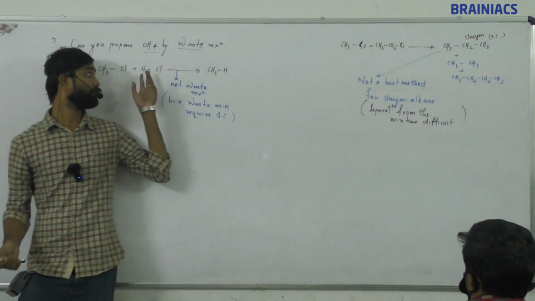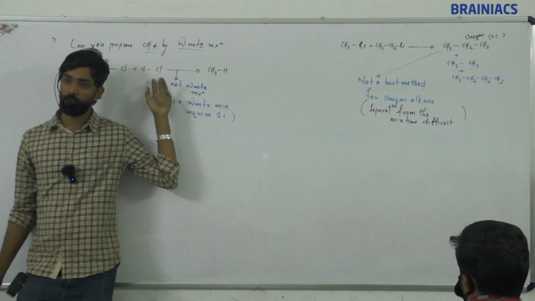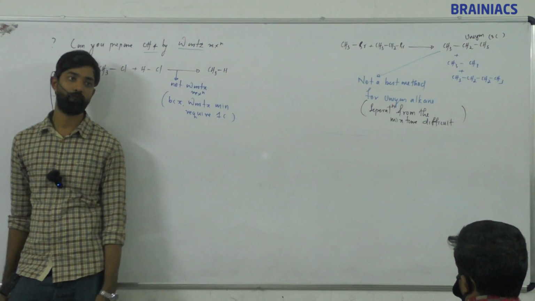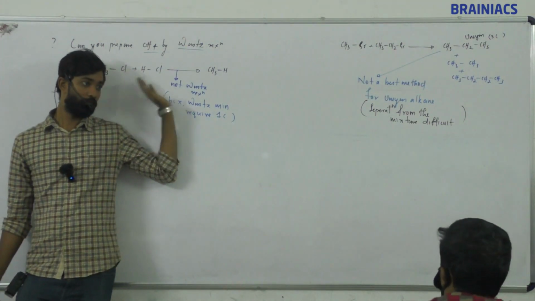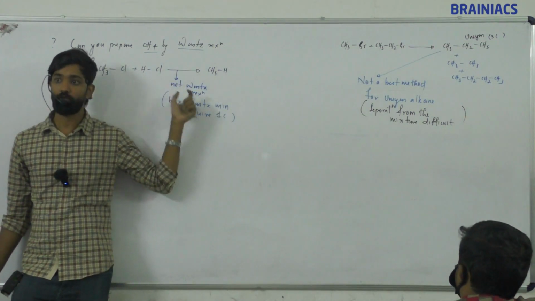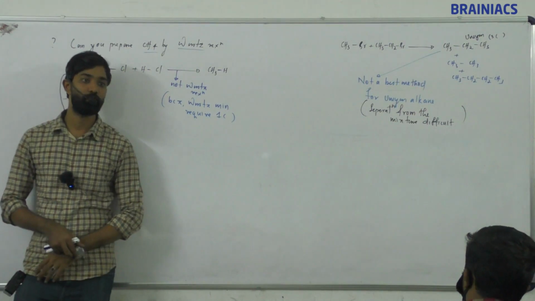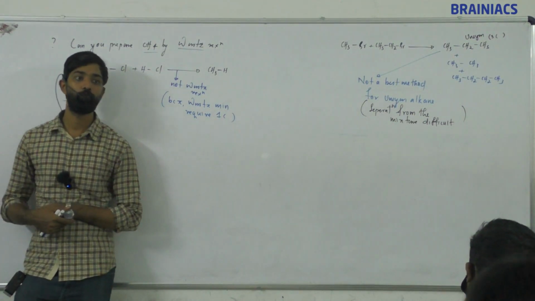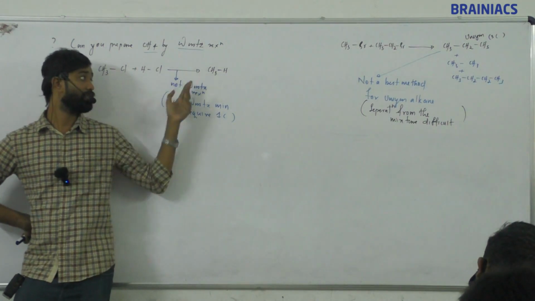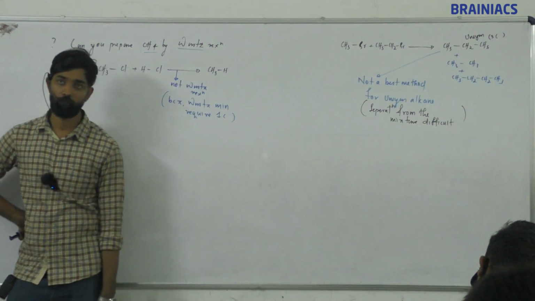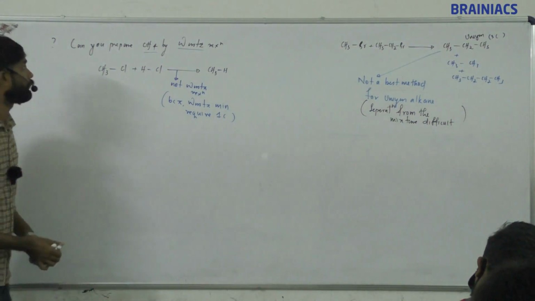Here there is no carbon. In this reactant there is no carbon, so it is not a Wurtz reaction. So this is the possibility for making methane, right? But it is not considered as what? Wurtz reaction. So it is clear that there is no chance for making methane from Wurtz reaction. And this is not considered as a Wurtz reaction because for the coupling of Wurtz reaction, it requires minimum one carbon.